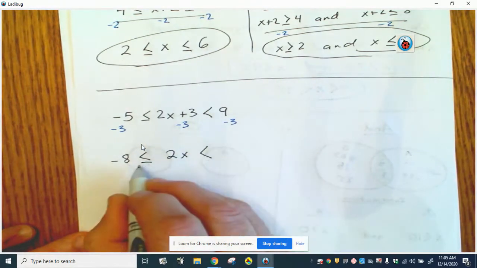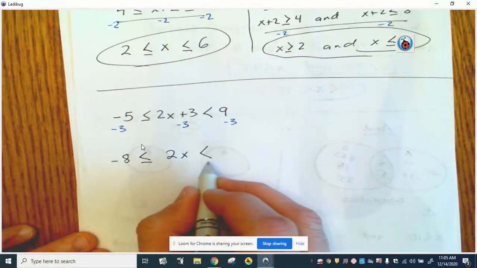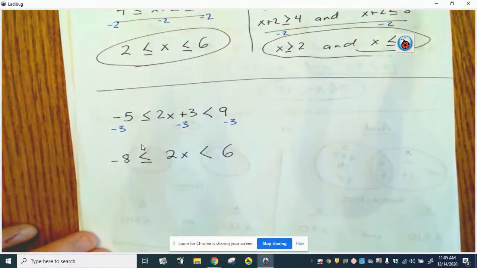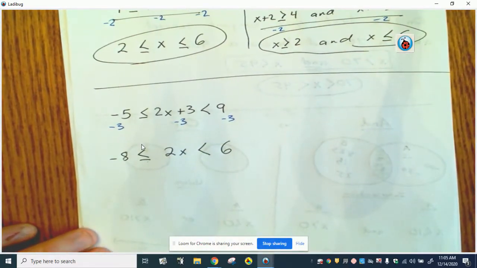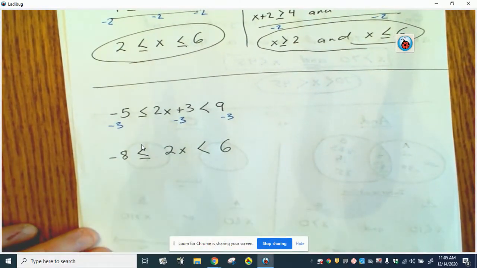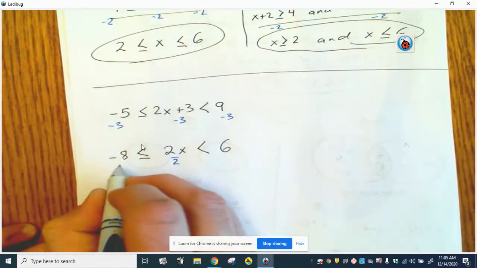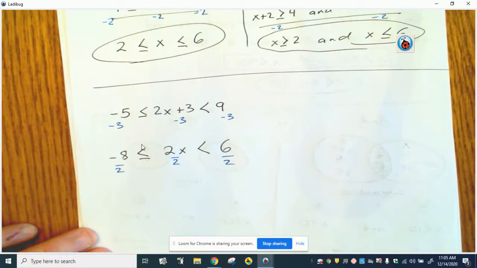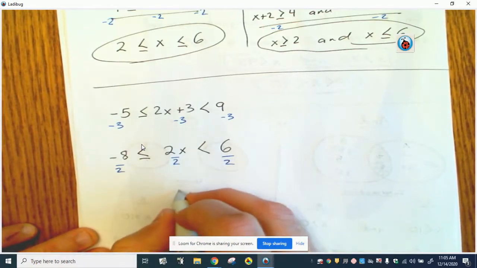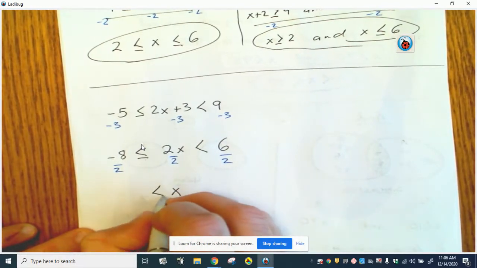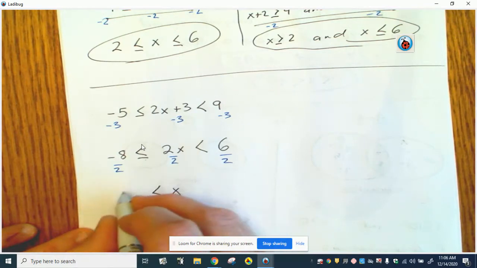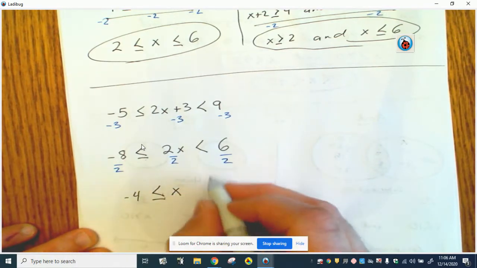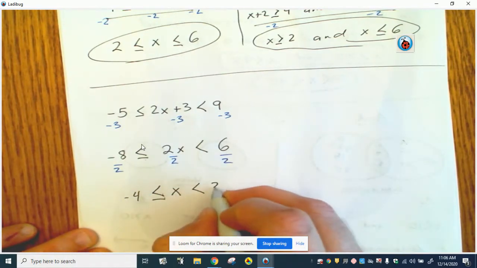Notice you can have "or equal to" and not "or equal to" in the same compound inequality. Okay, now I want to get the x by itself, so I'm going to divide by 2, which means I got to divide this by 2, and I got to divide this by 2. So here I'd have an x. x has to be greater than or equal to negative 4 and less than 3.